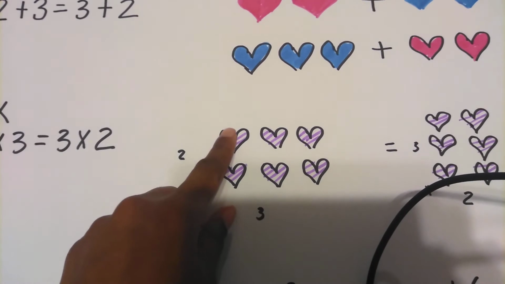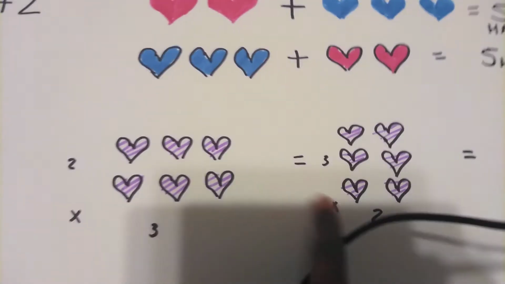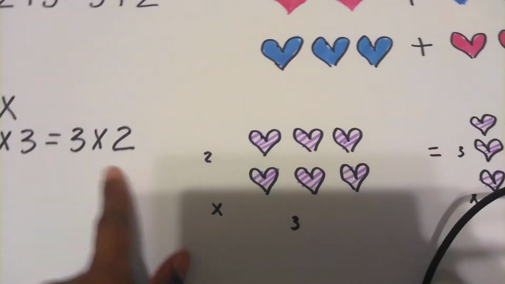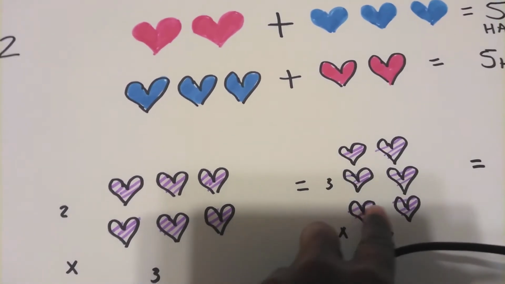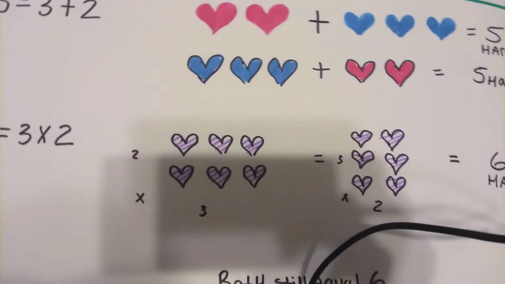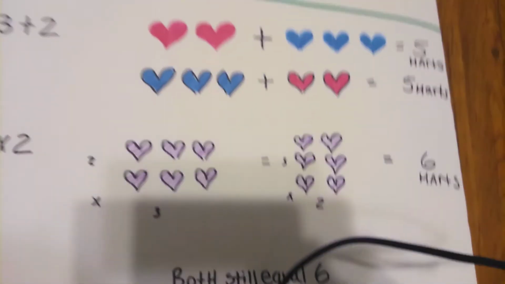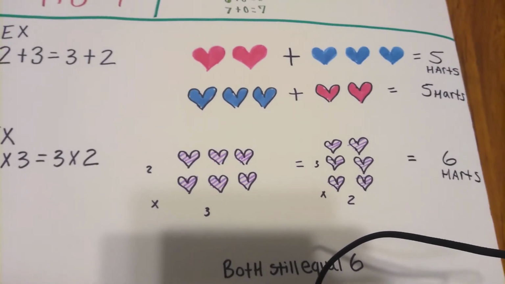You count that, that's 6. 1, 2, 3, 4, 5, 6. And that equals 3 times 2, which is still 6. That gives you a visual image of these properties.